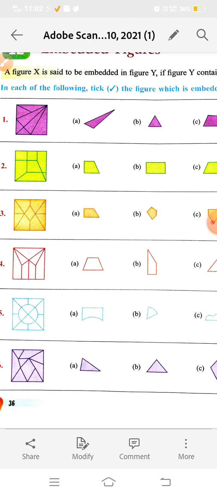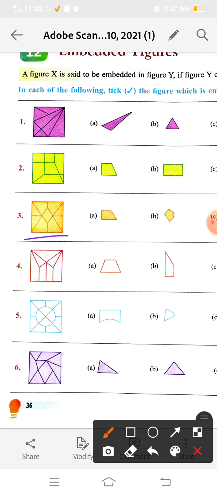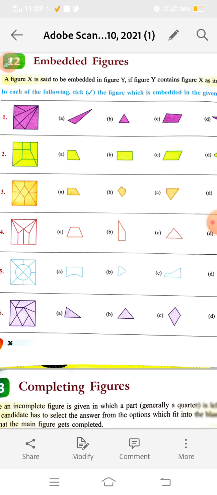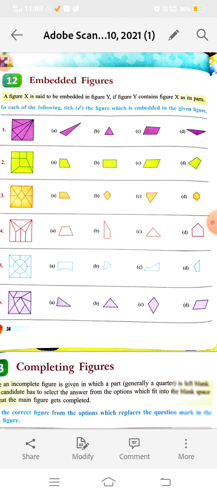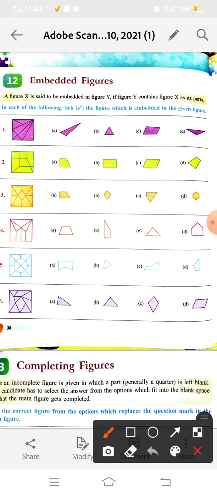Now in figure 3, which figure is a part of this figure? See here, which can be part of it. This type of shape, no, it is not in our figure.